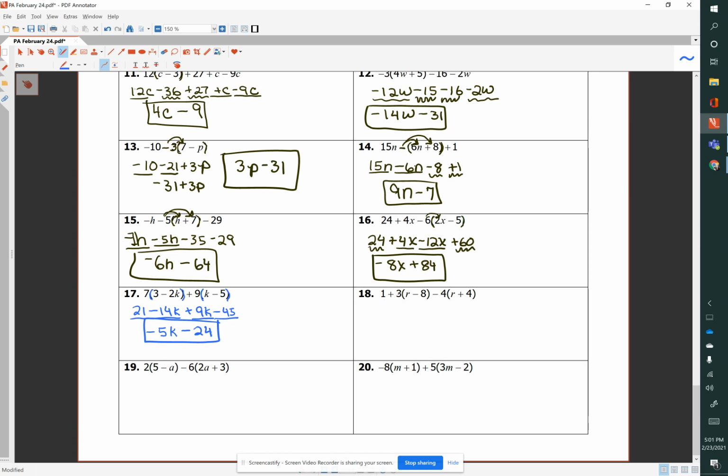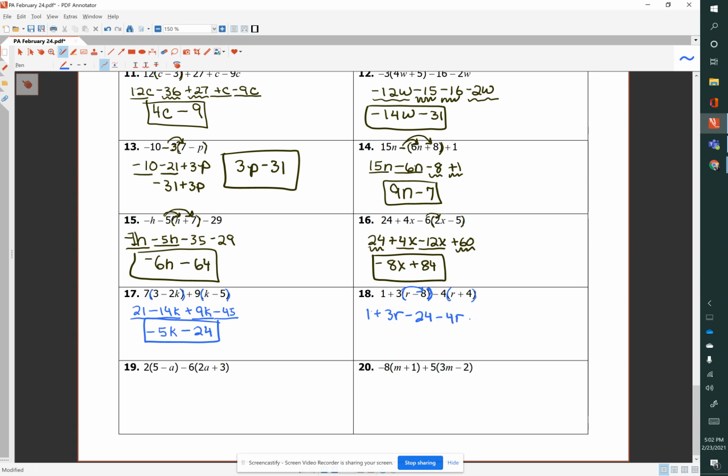Number 18: 1 plus 3 times the quantity of r minus 8 minus 4 times the quantity of r plus 4. So let's distribute first. It would be 1 plus 3 times, oh, I colored over it and I can hardly read it. Let's clear that up a little bit. Okay, it's an r. 3 times r is 3r, and 3 times negative 8 is negative 24. Negative 4 times r is negative 4r.